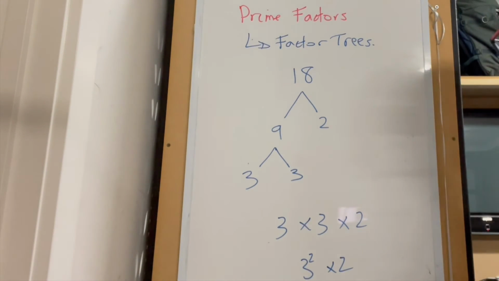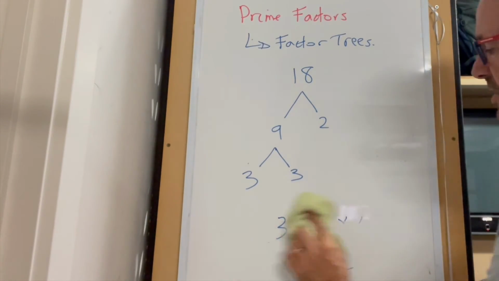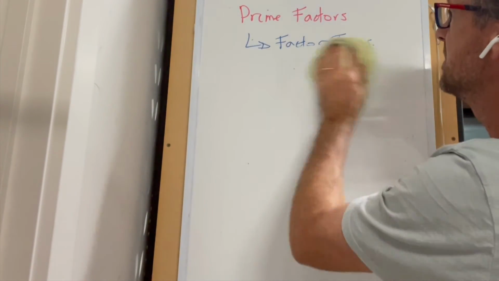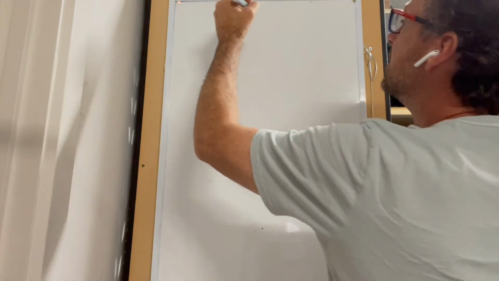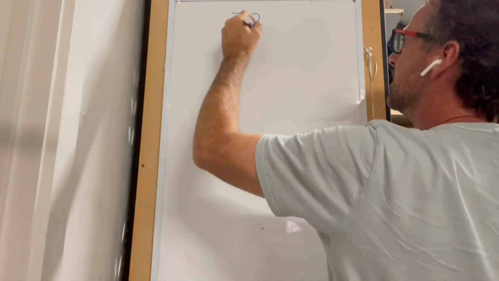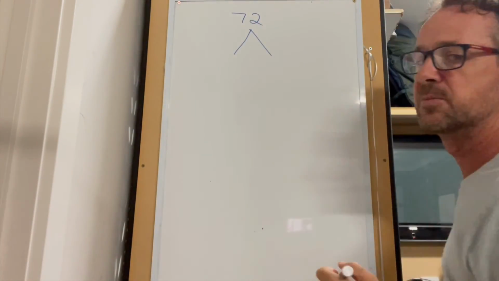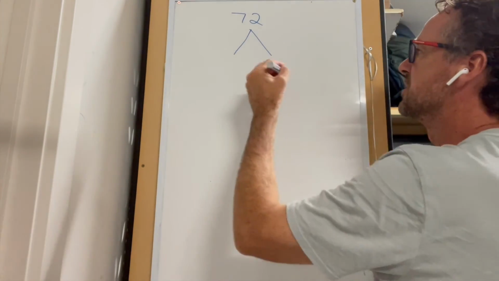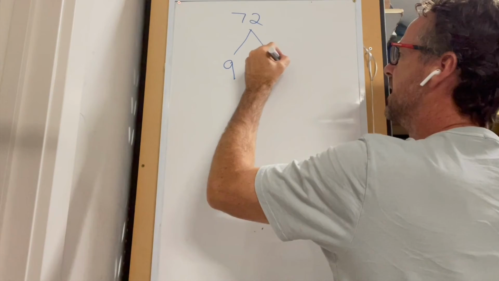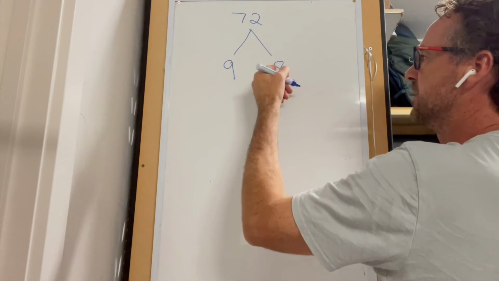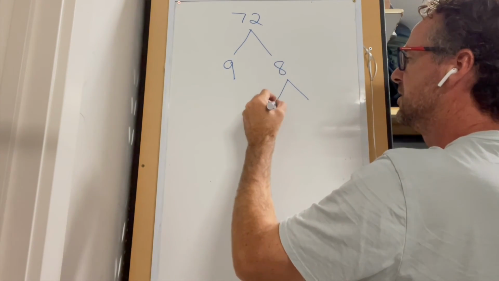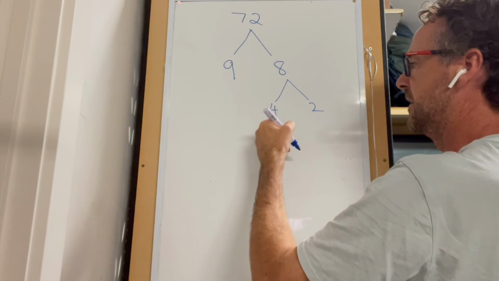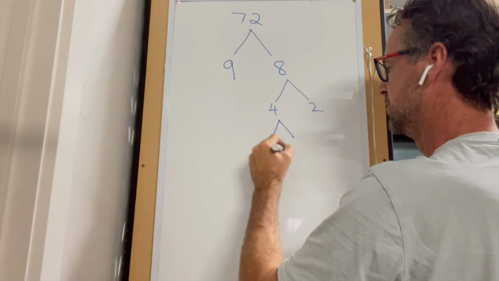If we're looking at the factor trees of some different numbers, a number like 72, we can split it into the most obvious multiplication here, which would be 8 times 9. Then we can split the 8, as we know already, into 4 and 2, and the 4 into 2 and 2.